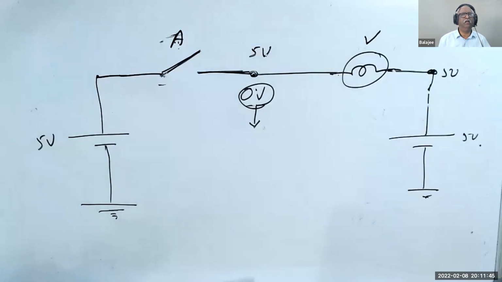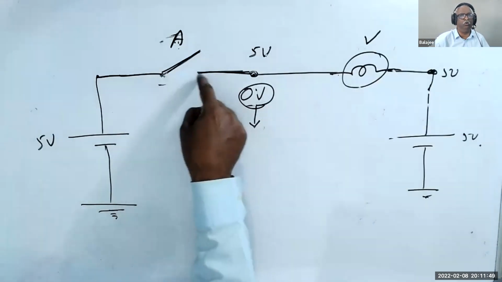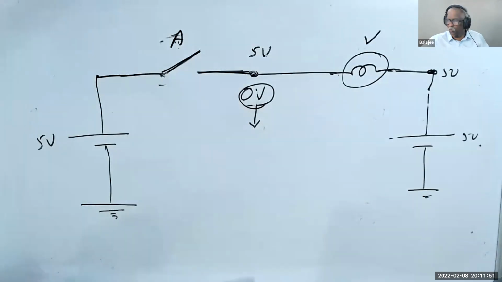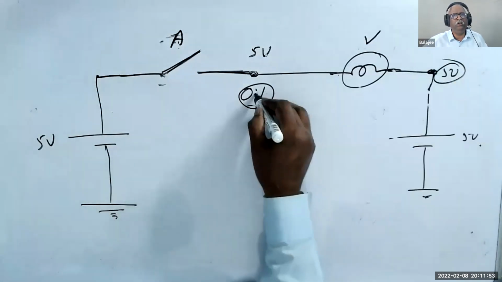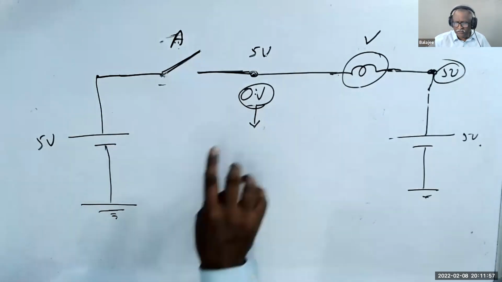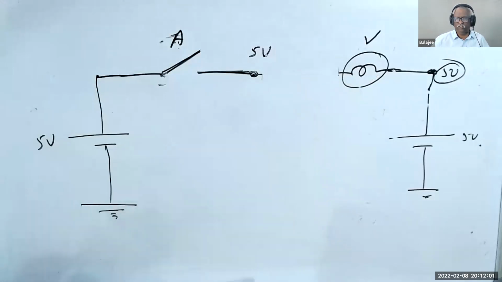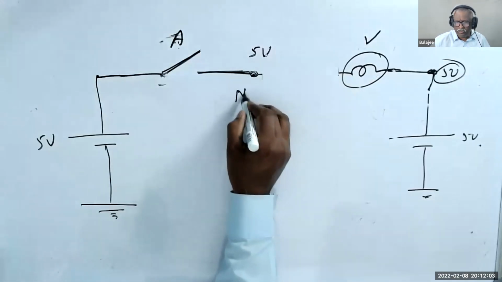Am I right? But the bulb will not glow because the circuit is not closed. One place is 5 volt, one is 0 volt. Why is the bulb not glowing? Something is wrong. What is wrong? Because when the switch is off, this is not 0 volt. This is called no voltage.